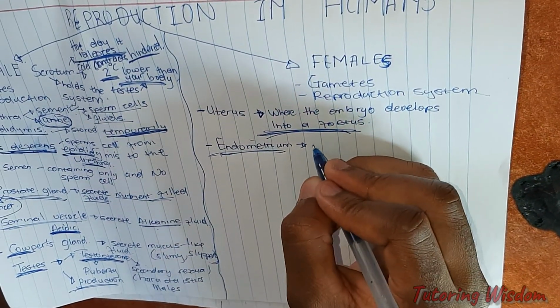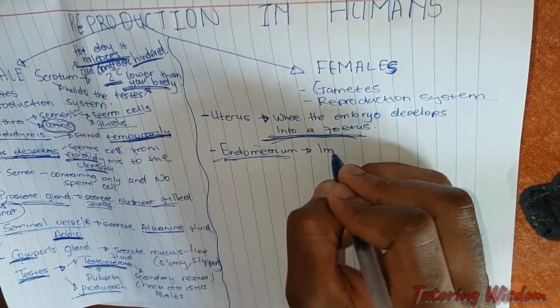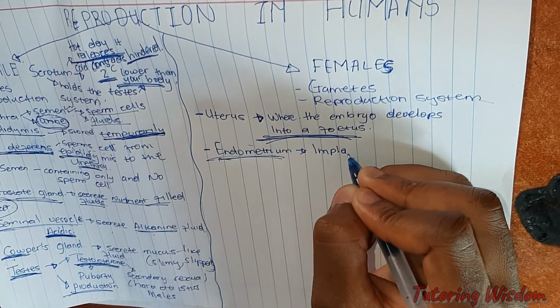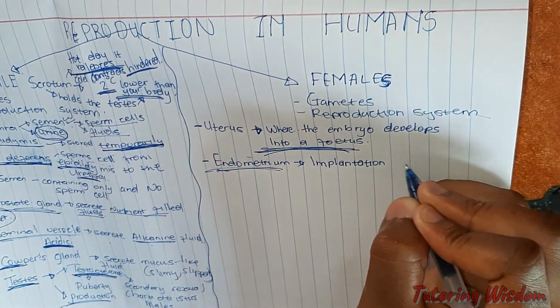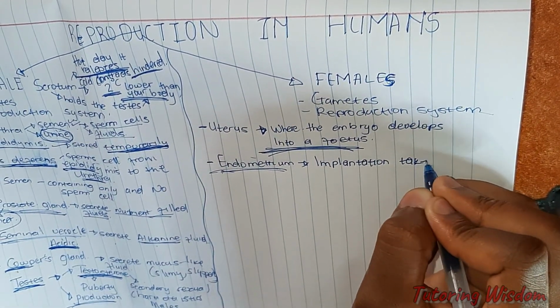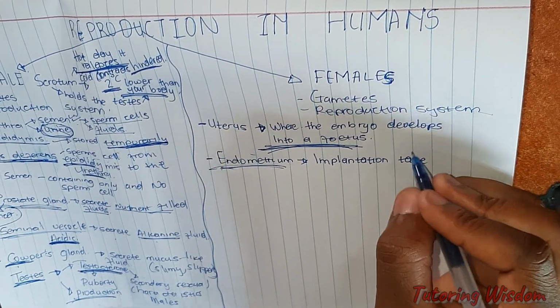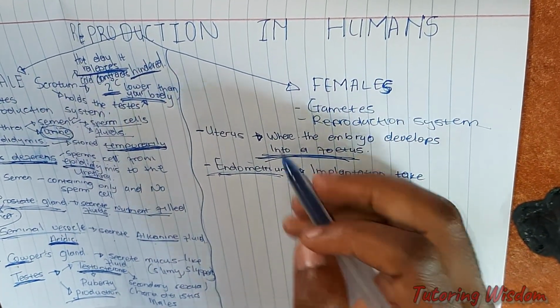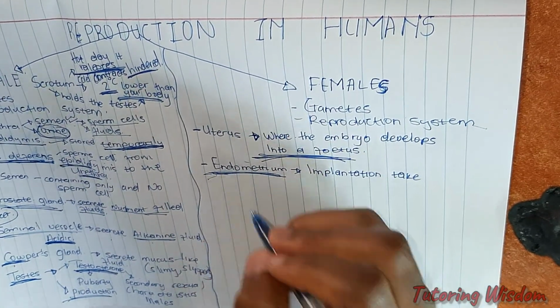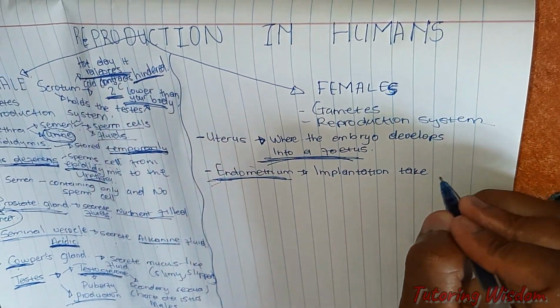So on the endometrium wall, implantation takes place. Implantation is when the embryo attaches itself to the wall of the uterus, or you can say to the endometrium.